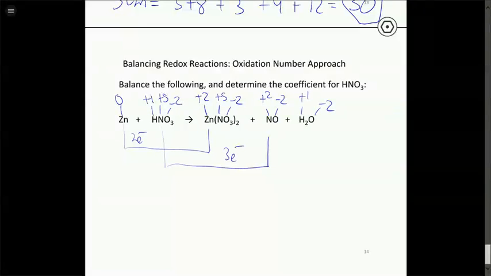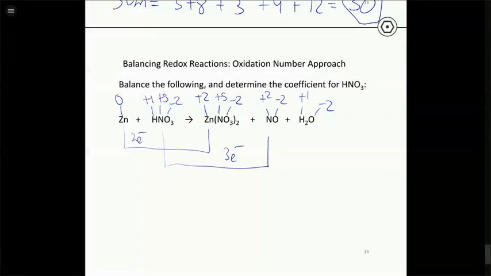However, the issue here is that we also see that on the product side we have some nitrogen that's still at +5. So not all of the nitrogen is changing its oxidation number. You have this one going from +5 to +2, but we also have some nitrogen that's still in the form of nitrate and still has a +5 oxidation number. So how do we deal with that?